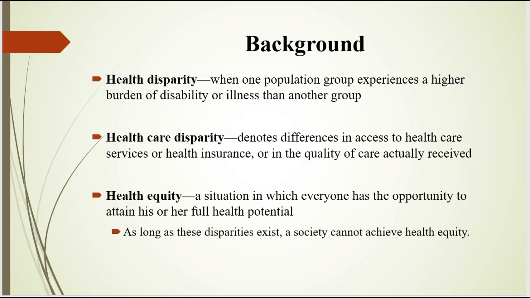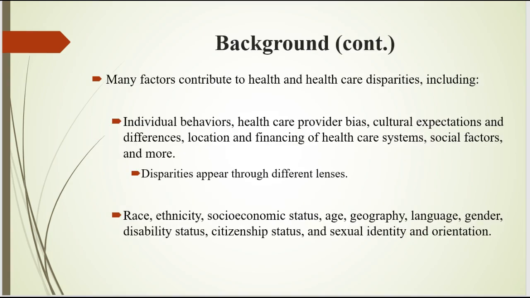So health and healthcare disparities appear through many different lenses. Researchers have documented disparities based on race, ethnicity, socioeconomic status, age, geography, language, gender, disability status, citizenship status, and sexual identity and orientation. All right, so what I just covered is on the following slide.